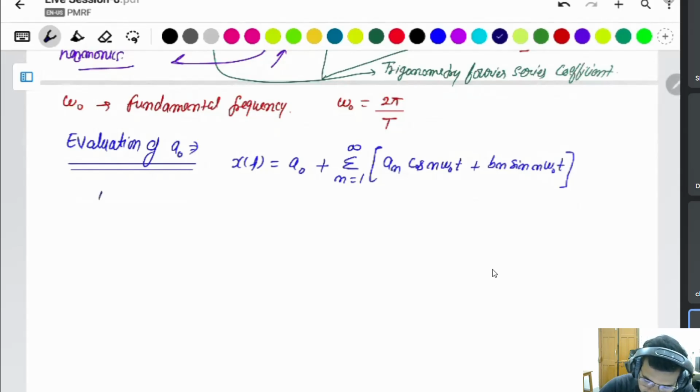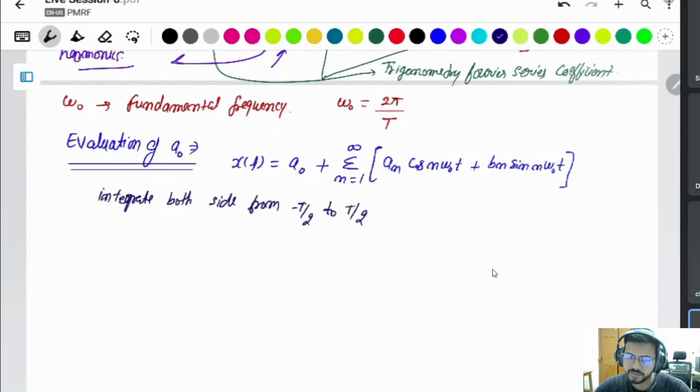Then integrate both sides for a full time period, from minus T by 2 to T by 2. It means integrating over a whole time period, half a period before 0 and half a period after.